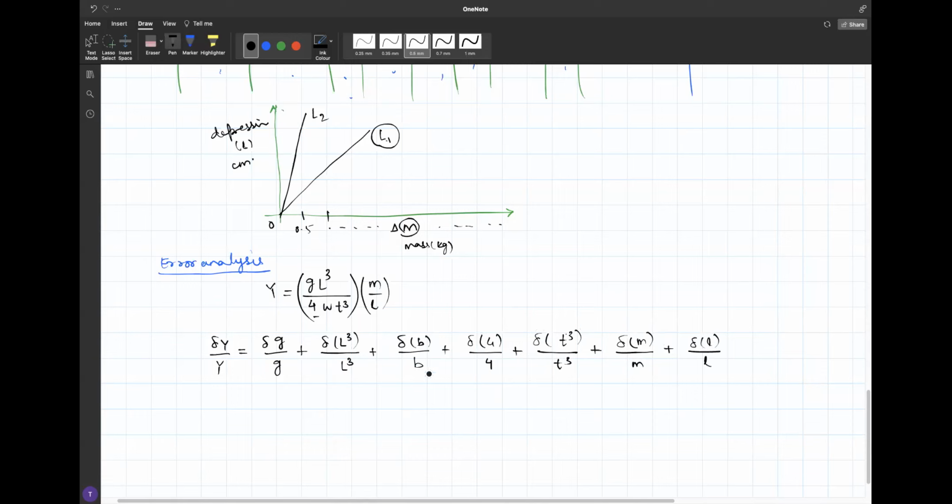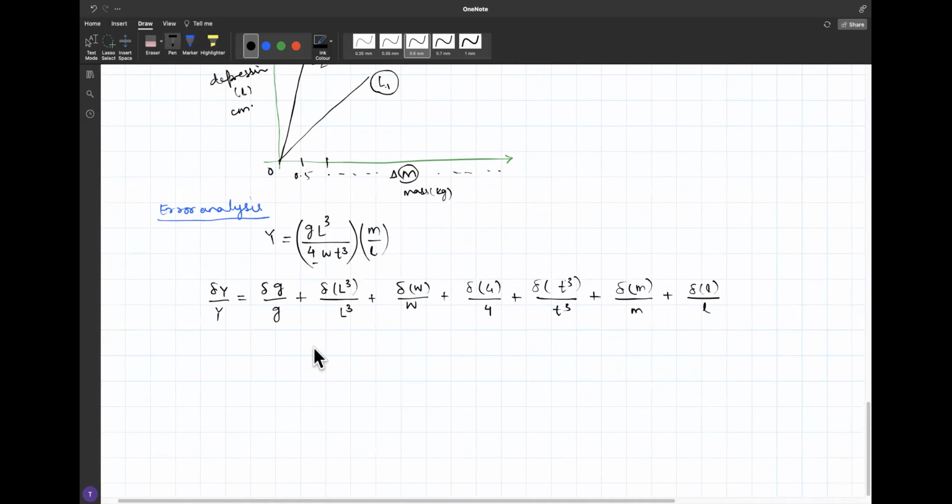Did I miss anything? G L cube. Again, I wrote B. W 4 T cube M L. So this is your total error. Now, this is going to be 0. Okay, this is going to be 0. This is going to be 0. And this is going to be 0.